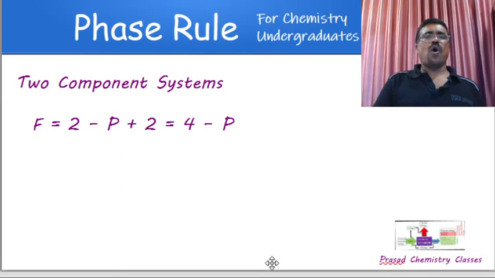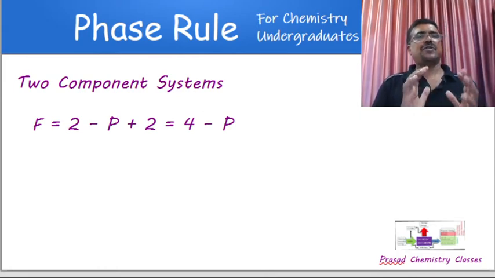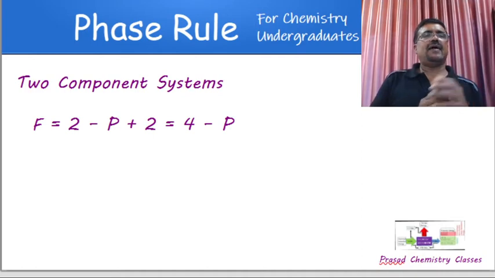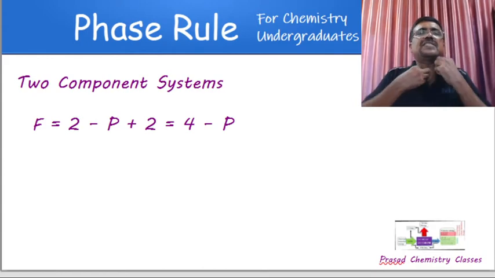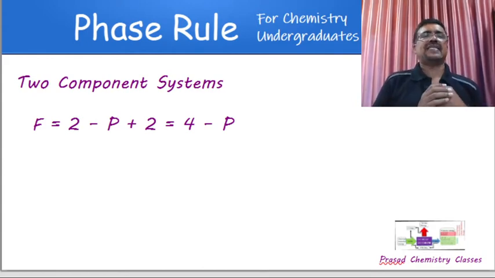Okay, now we have to move on to what we call two component systems. What is the peculiarity of two component systems? We put the number of components as 2 and we can write degree of freedom as 4 minus P. If you put the number of phases as 1, then the maximum degree of freedom will be 3, right?